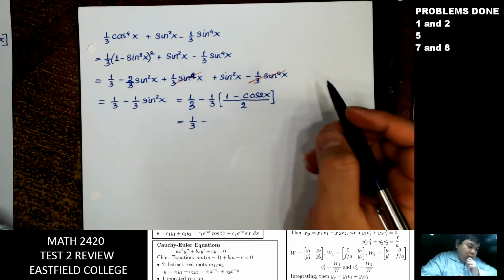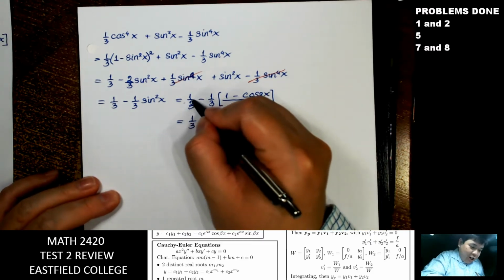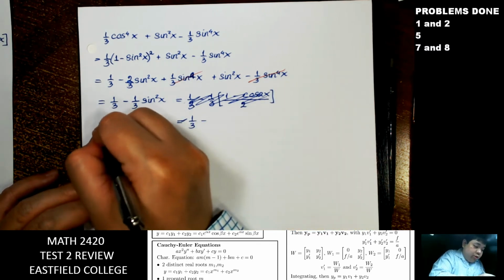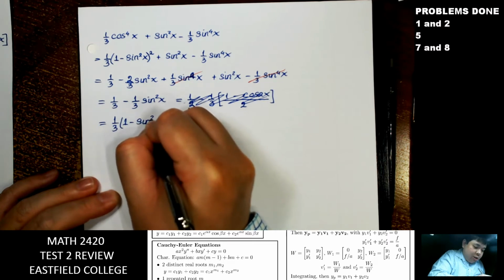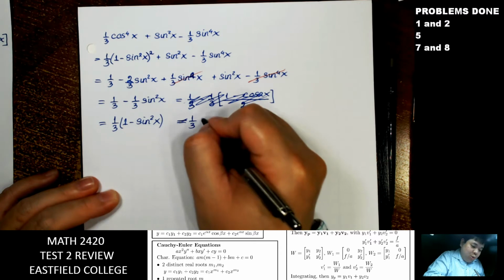Yeah, that also works, but let's do this instead. Try to get to the answer in the key, so show that they are the same. Actually, this is not the route we're going. What we should do is factor out 1/3, and we have 1/3. 1 minus sine square will be cosine square.